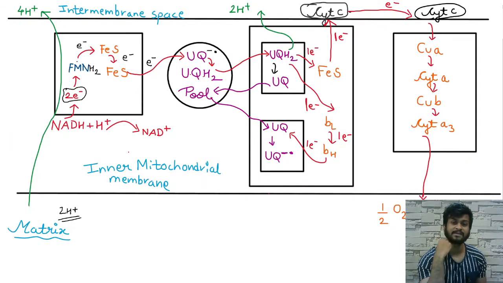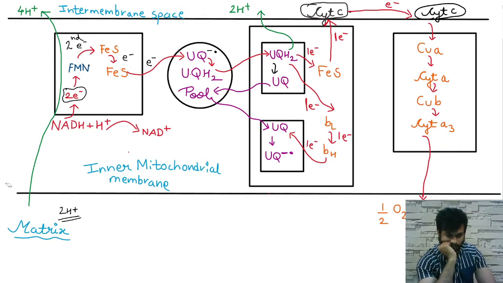Now, the second electron from FMNH2 will be transferred to the FeS, because we know that FMNH2 has accepted two electrons. And when FMNH2 releases both of the electrons, it will again get converted into oxidized state, that is FMN.